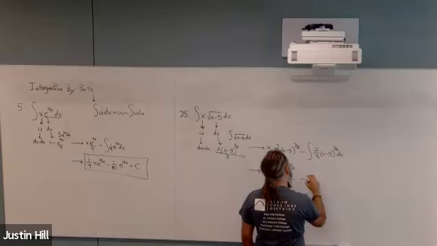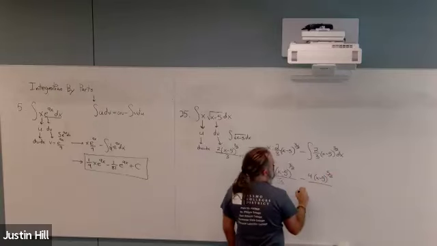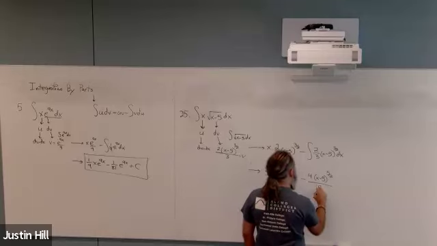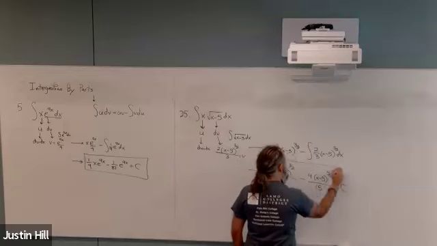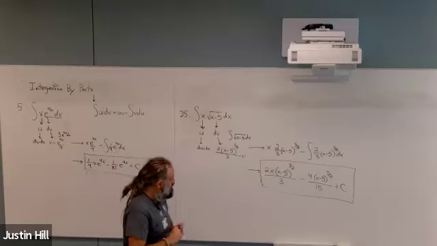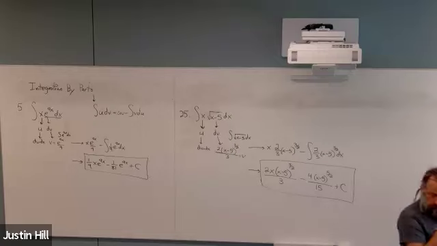So you end up with 4 times x minus 5 to the 5 halves power over, what? 5 halves, 15. And all this plus c. And that is my answer. Good.